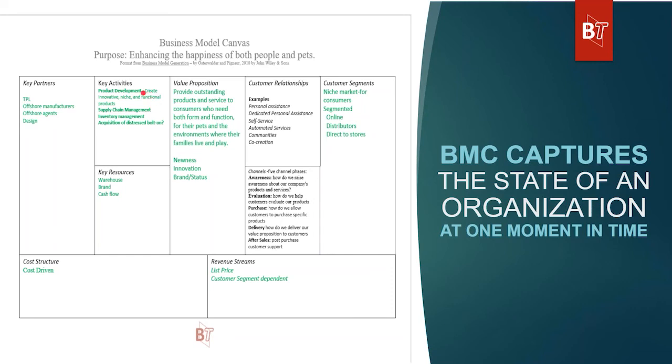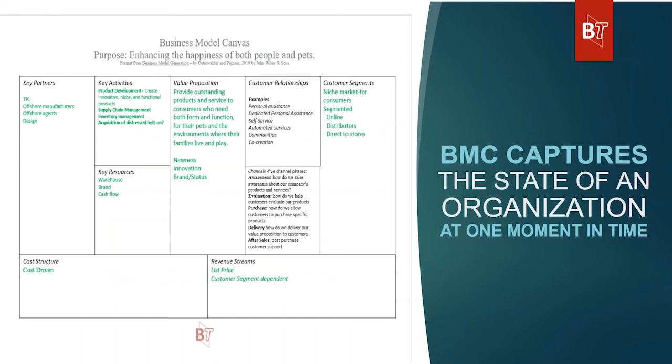So product development is a key activity for them. New products. They need to manage their supply chain, and who doesn't these days? First with all of the tariffs that were associated with it, now with the COVID disruption, inventory management is more important than ever. Acquisition of distressed bolt-on is a potential activity.